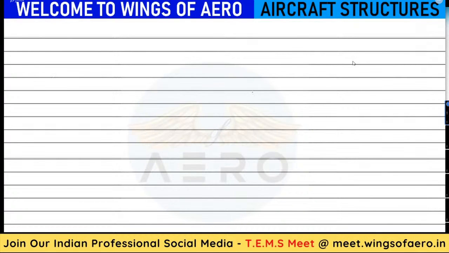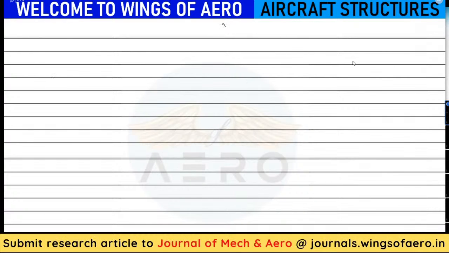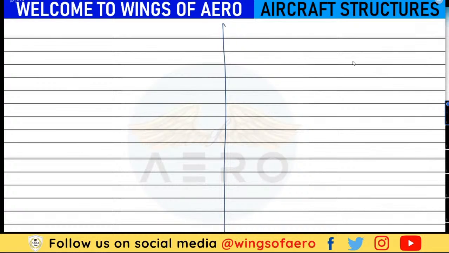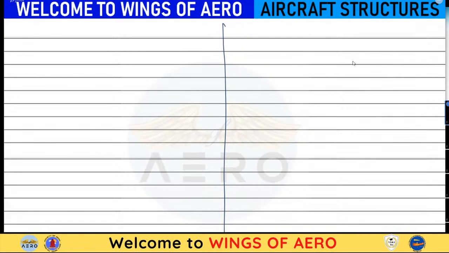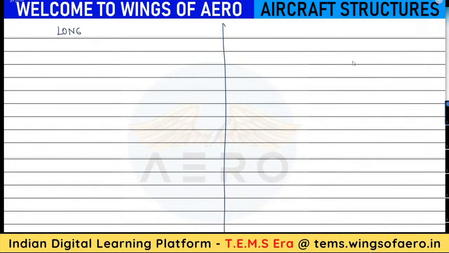Let me first divide this page into two. If you are noting down these formulas, split the page into two so you can compare the data. First I will go with longitudinal vibration.